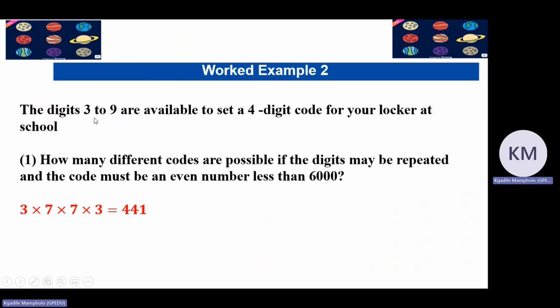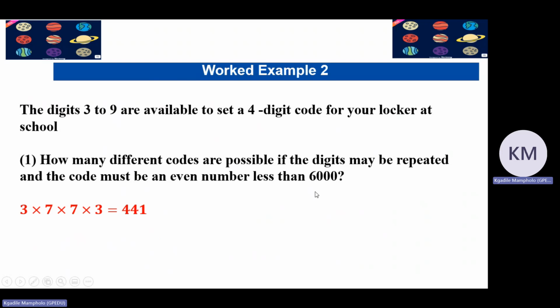So it means 5, 4, and 3 can be at the beginning, because you can't use 6: if a number starts with a 6, it cannot be less than 6,000.